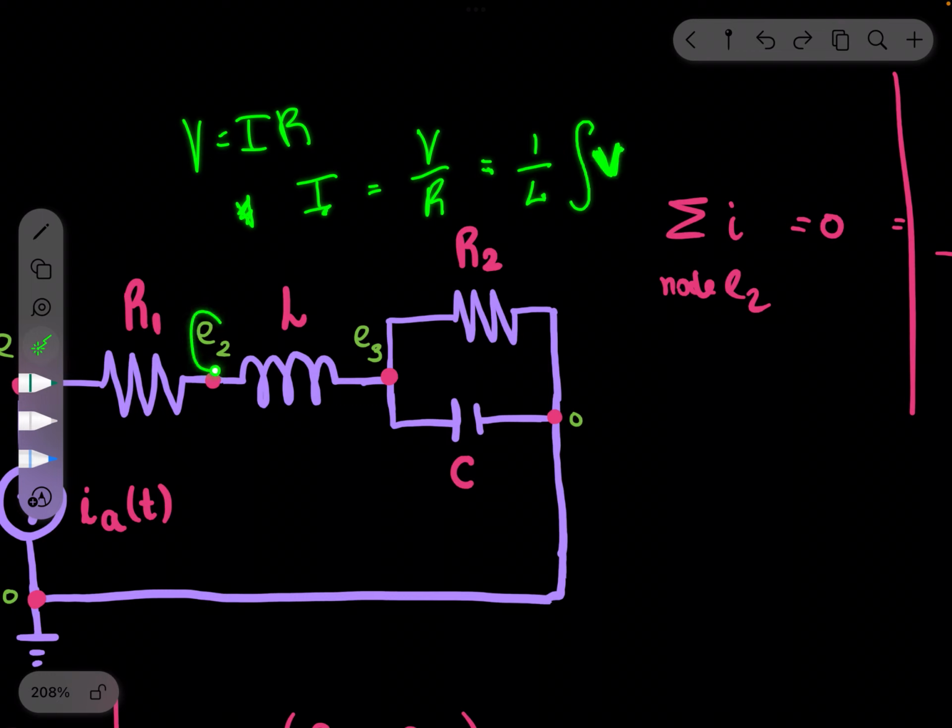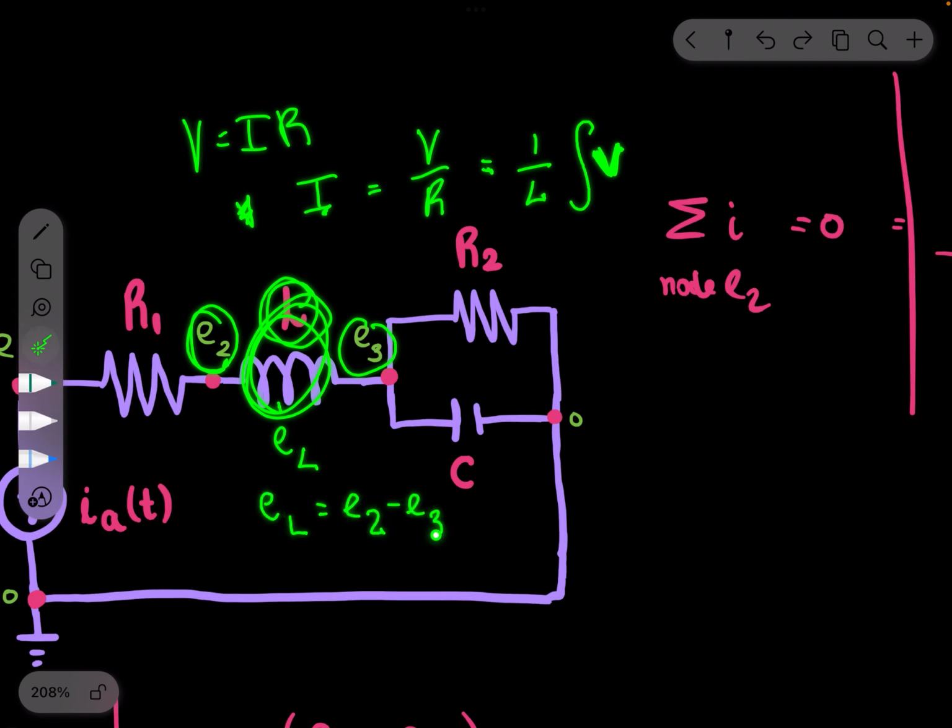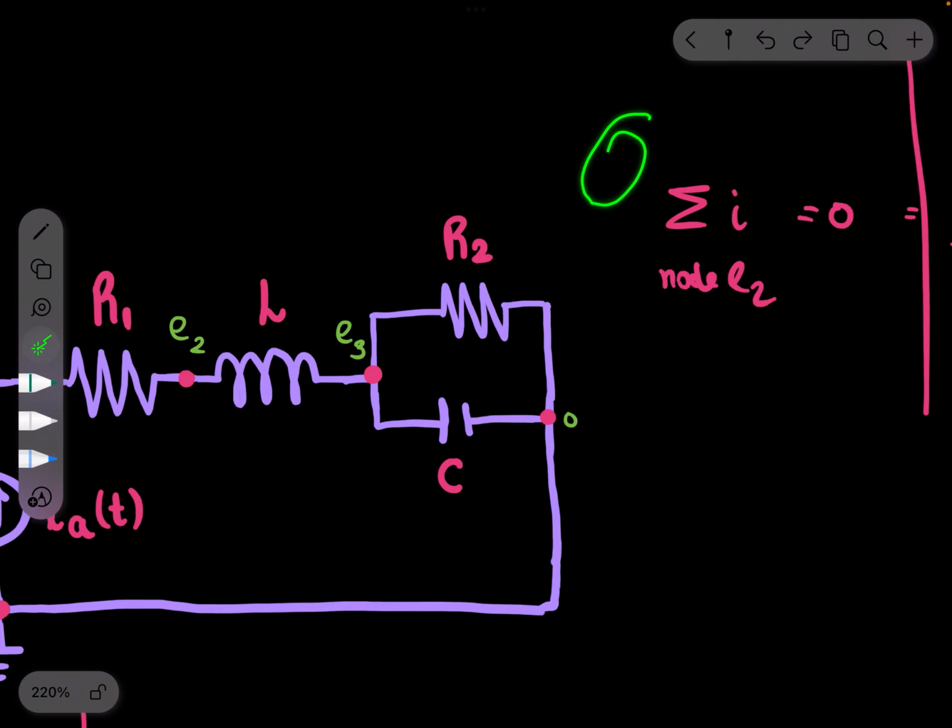And what is the value of V that we're going to have here? E2 is E3 plus E through the inductor, so EL. So in this case, EL is going to be E2 from the source minus E3 by the time it passes through it.